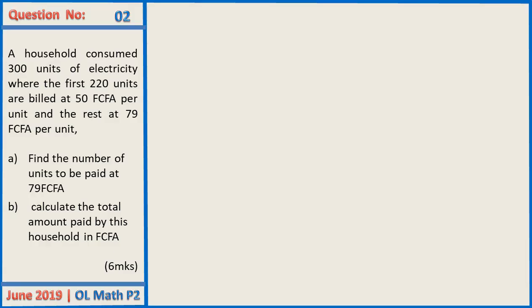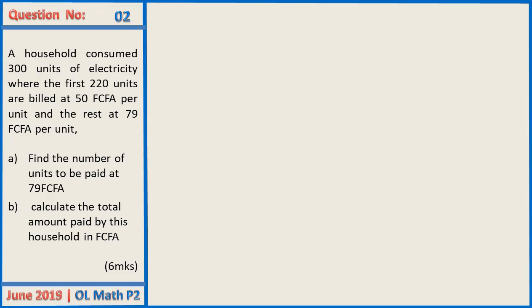Question number 2. A household consumed 300 units of electricity, where the first 220 units are billed at 50 FCFA per unit and the rest at 79 per unit. Find the number of units to be paid at 79.